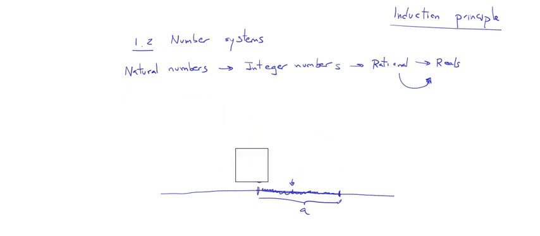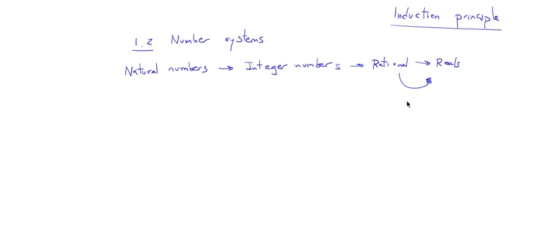Now from the real numbers we can get to the complex numbers. We are not going to deal with them in this course, but maybe in algebra you will. So the complex numbers, in a sense, complete the real numbers in another sense, because the equation x squared plus 1 equals 0 doesn't have a solution in the reals, but it does have a solution in the complex numbers.